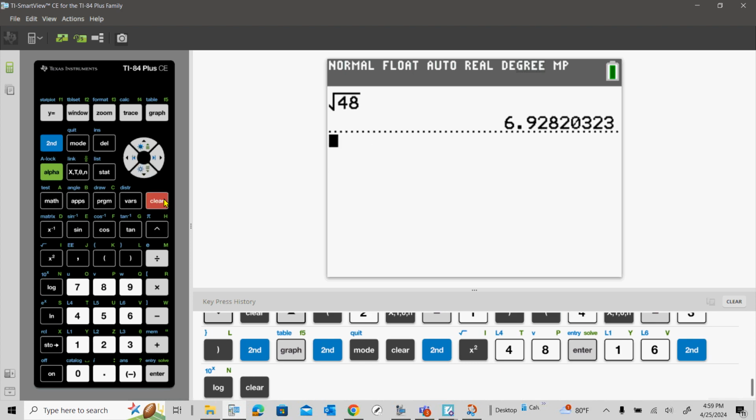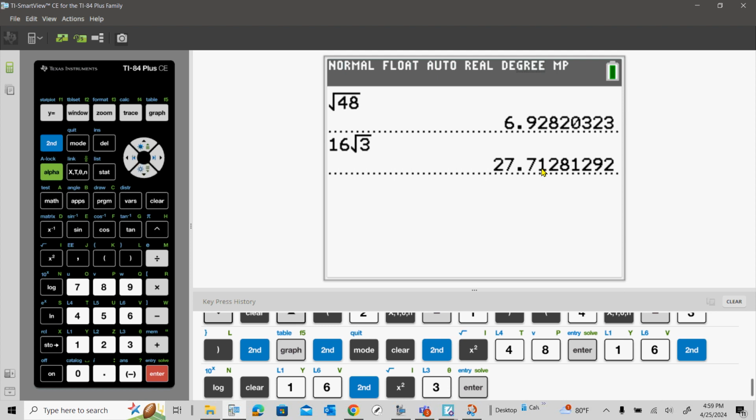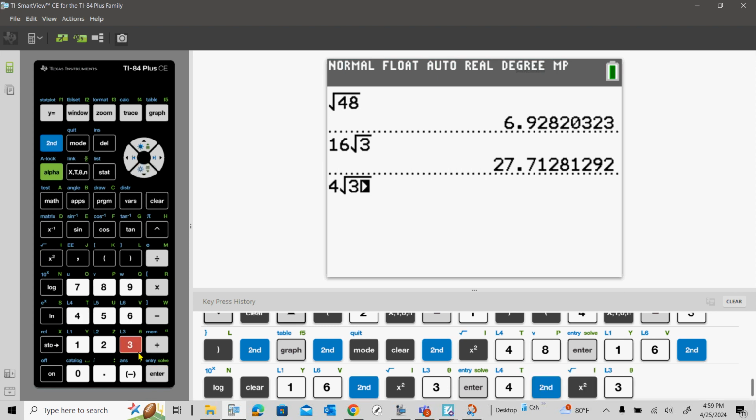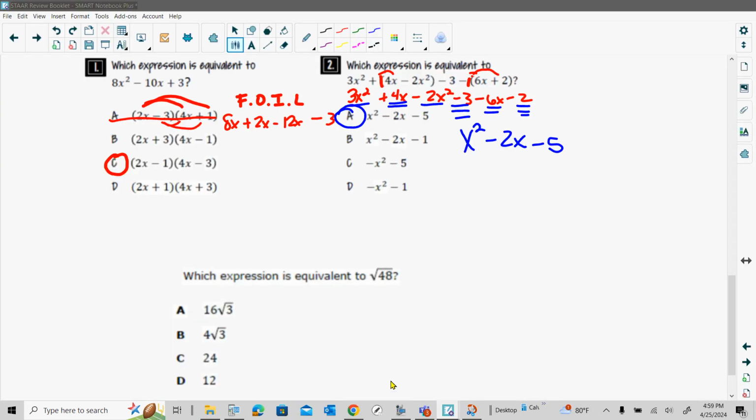Let me clear that out. 16 root 3. So I get my radical, which is second x squared. And if I put that, I'm trying to see if the decimal matches. It does not. So if I go to the next answer choice, it does match, and there is our solution. Okay.